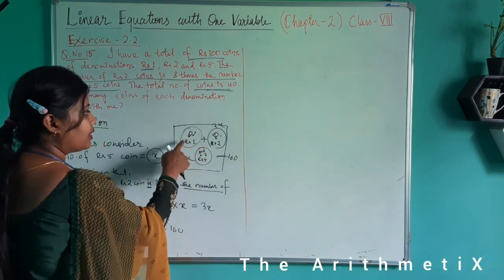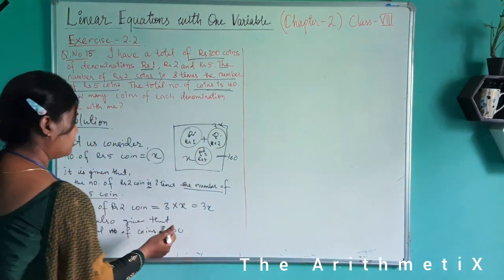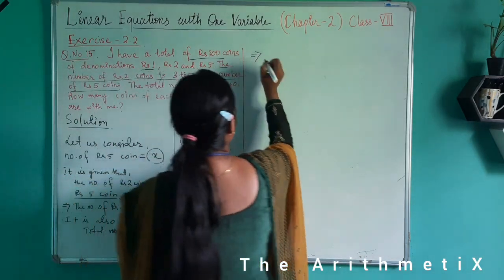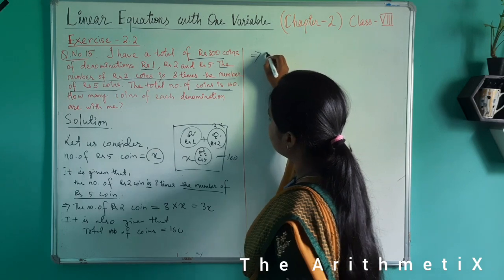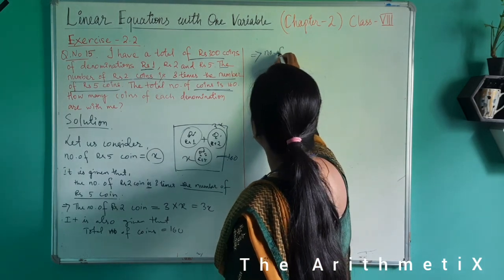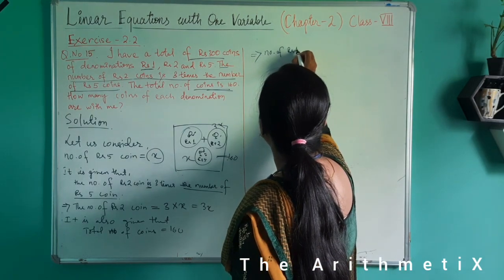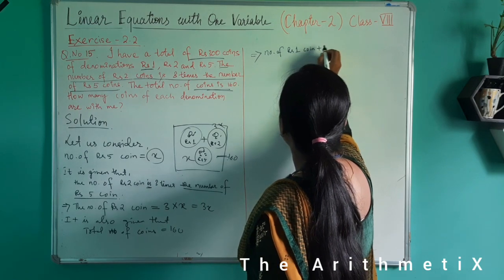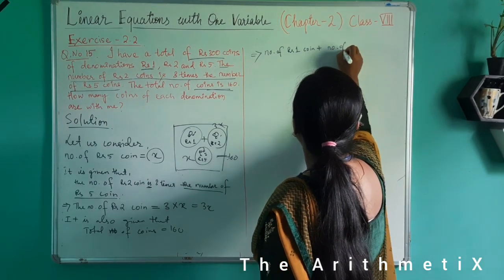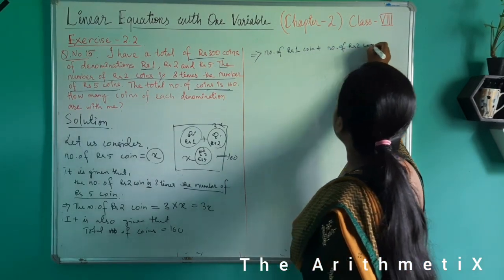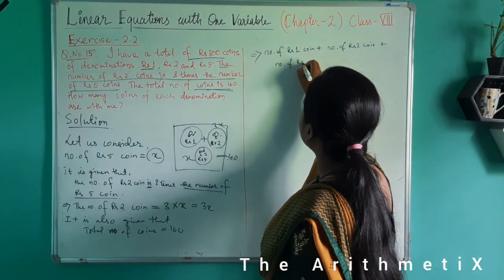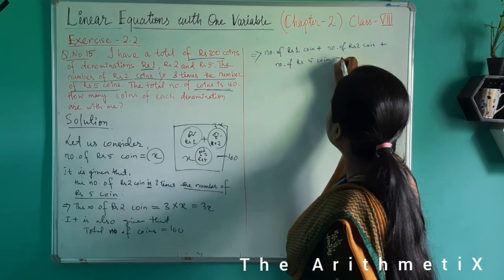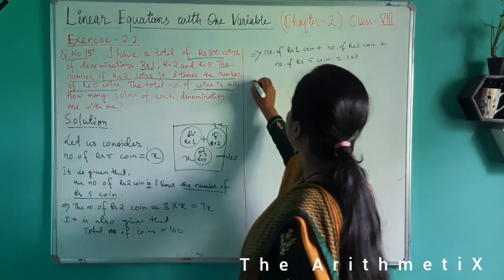So how many 1 rupee coins are there? This implies the number of 1 rupee coins plus the number of 2 rupee coins plus the number of 5 rupee coins equals 160.